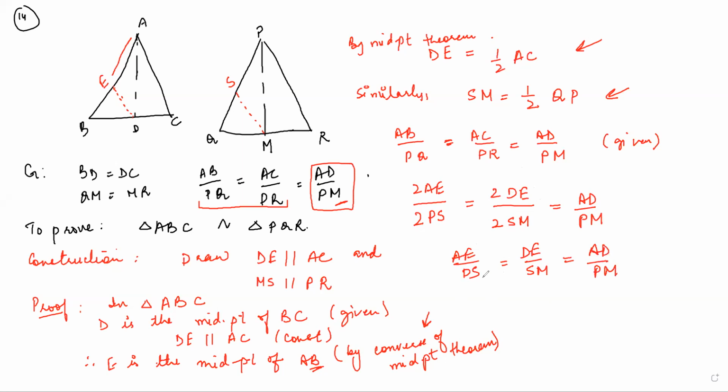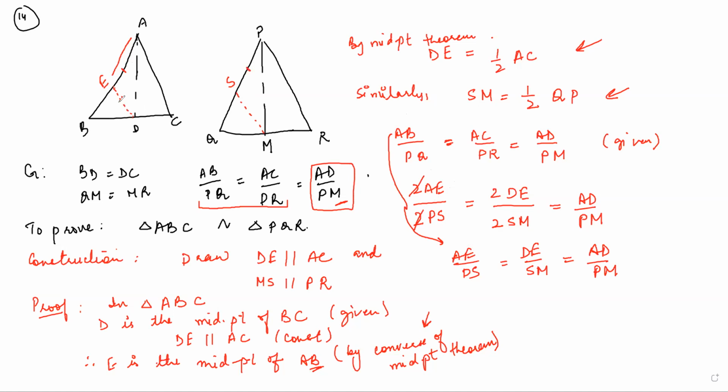Now see, all these three are the sides of these two small triangles. I'm reducing this AB into AE, so when 2 is there in both numerator and denominator, it will cancel out. Now you can see AE, this side, is proportional to PS.